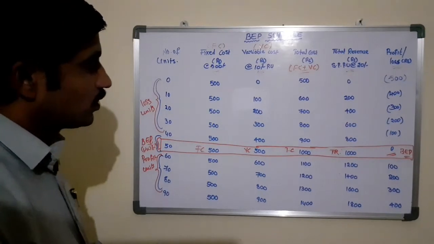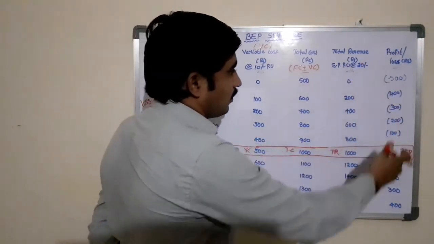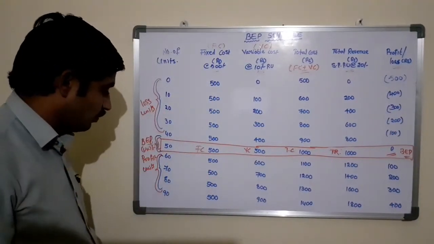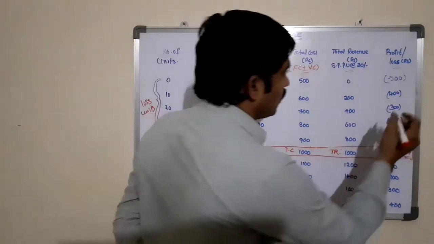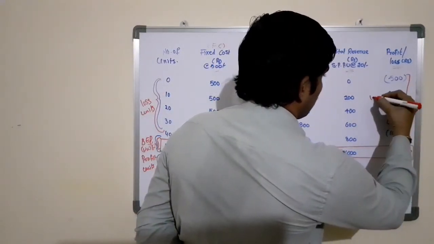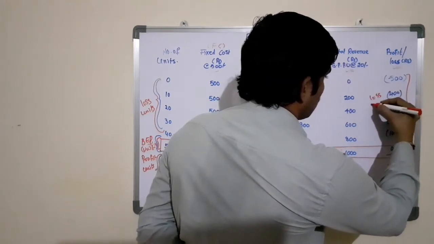Similarly, you may also identify the loss, the BEP and the profit position in terms of value. This is the area where the company incurs loss in terms of rupees.